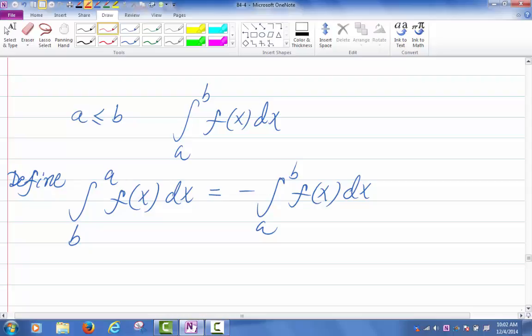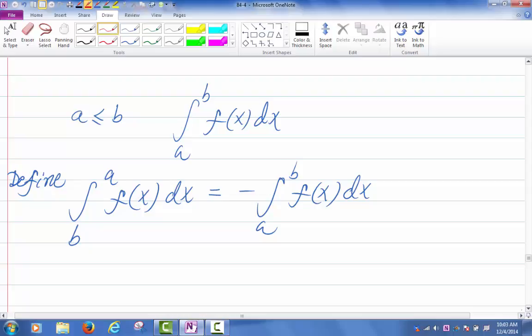But it is also useful to think of integrals where the lower limit is bigger than the upper limit. So far, the lower limit of the integral is smaller than the upper limit, a to b, so a is smaller than b. But it is also helpful to do the other way, b to a, where b is bigger than a.